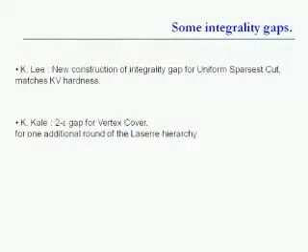And for those of you who know SDP hierarchies, we were looking at the Lasserre hierarchy for a while. It turns out it's harder than we hoped it would be, but we do have one additional round gap. We developed a whole new technique, basically, to get one additional round gap for vertex cover 2 minus epsilon. That's with Sachi and Kalle, and we're sending that to CCC as well, I suppose.